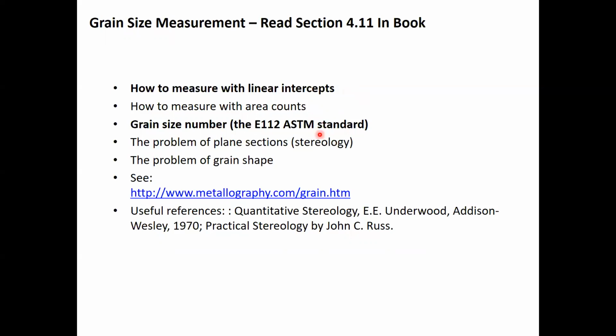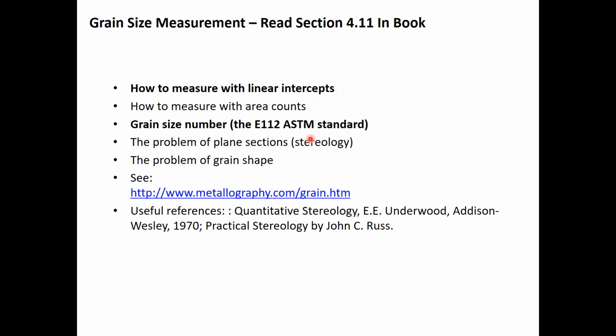And this standard basically assigns a grain size number, which is directly related to the size, as we're going to see. And we are going to take a look at this linear intercept method of how to find out what the grain sizes are and what this grain size number is. So this grain size number is just this method used by the ASTM to normalize the measurements of grains across all different materials.